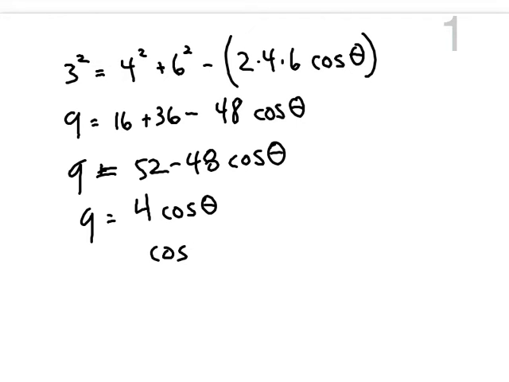So cosine of theta is equal to 9 divided by 4. How do I get the theta by itself? No, not divide by cosine. Yeah, inverse cosine, so I have to take the inverse cosine of both sides. So inverse cosine of that side, inverse cosine of this side, and I get theta is equal to, what is that?